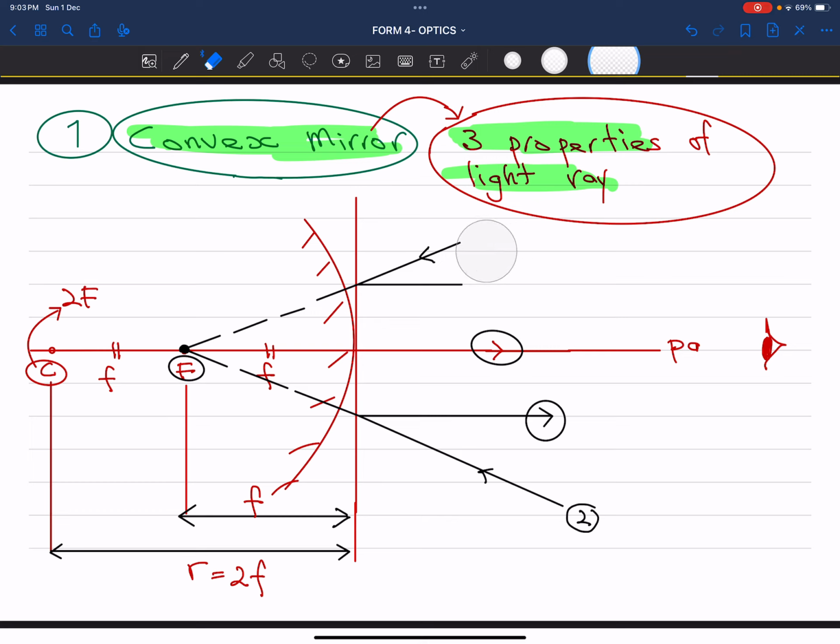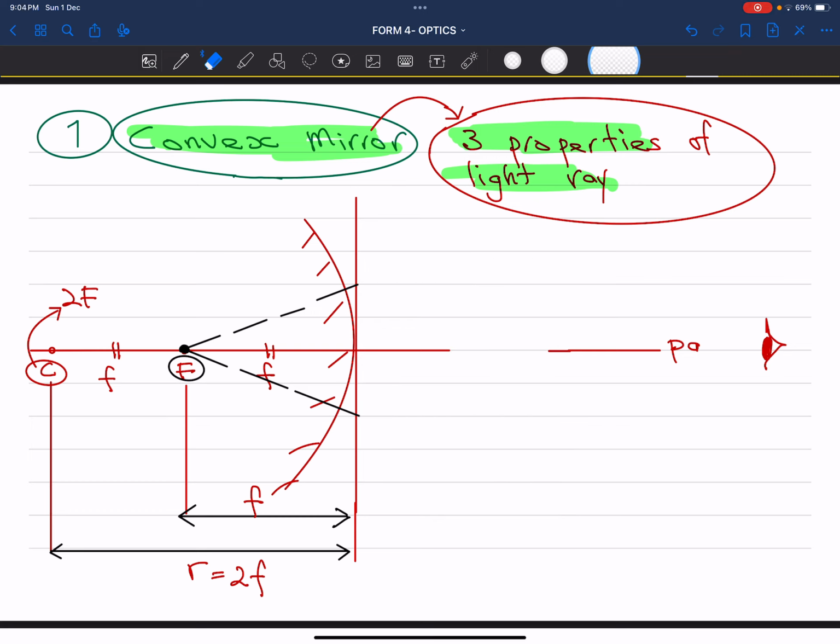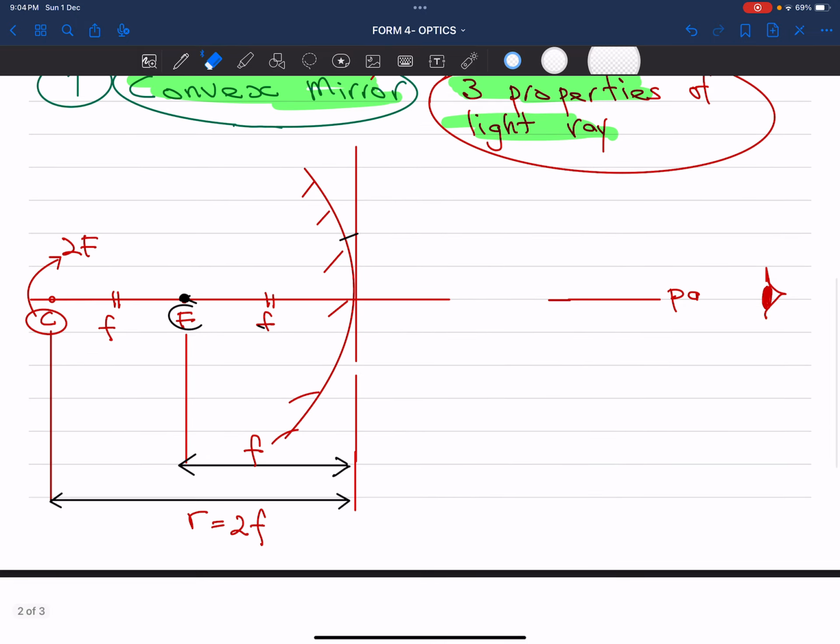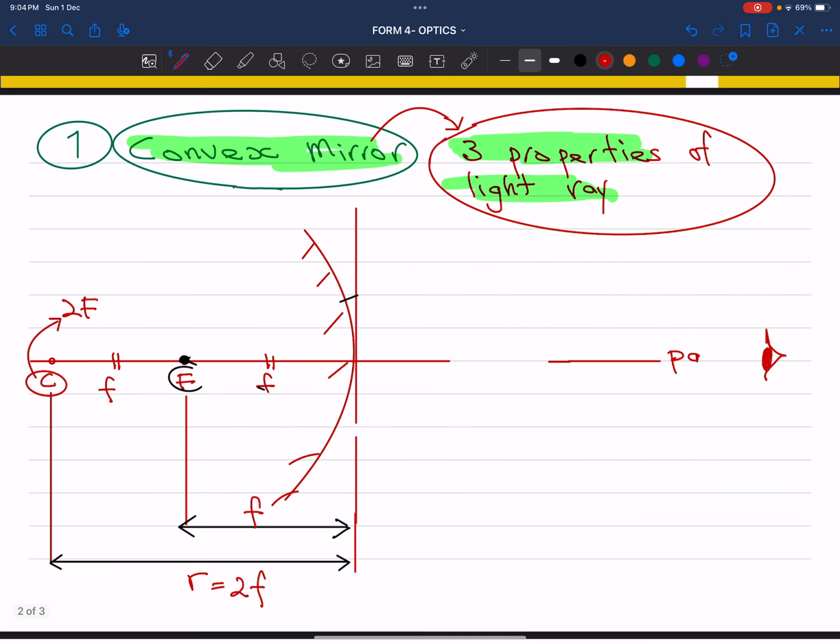Now we shall look at the third property. The third property is actually quite simple. In this lesson, we are only learning the three properties. The third property is any light ray that is approaching the C, the center of curvature.